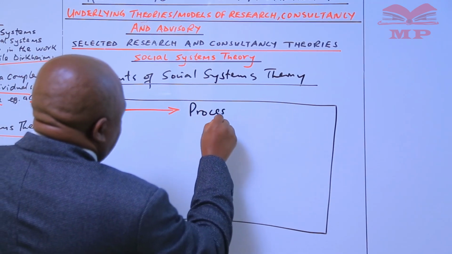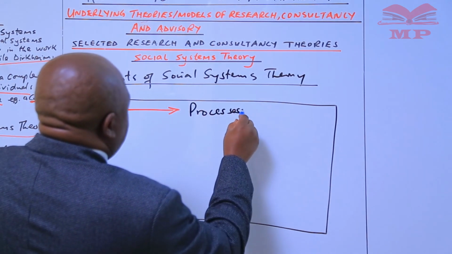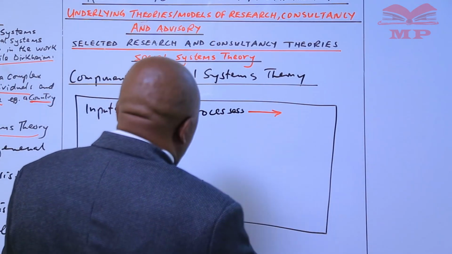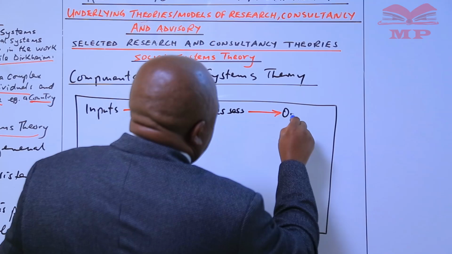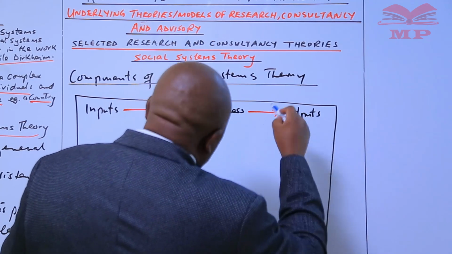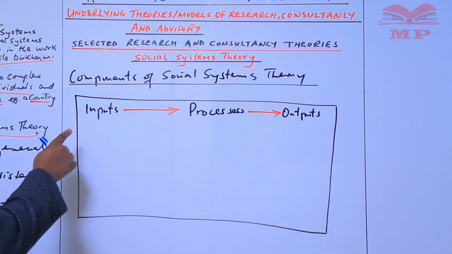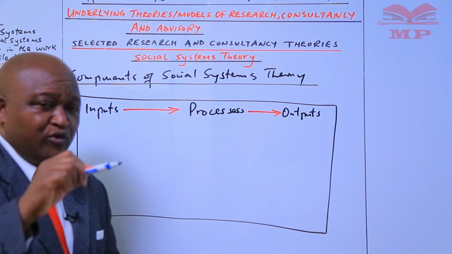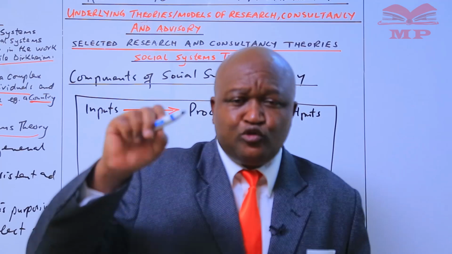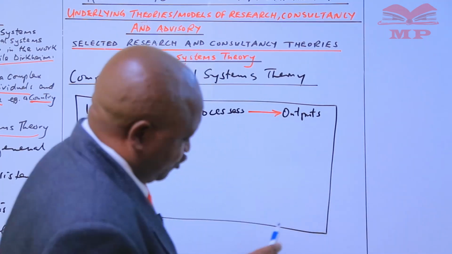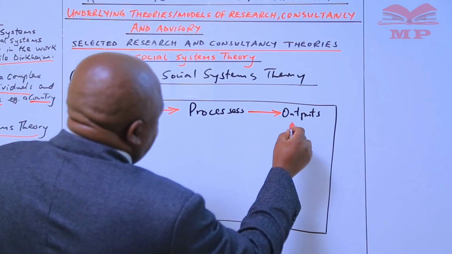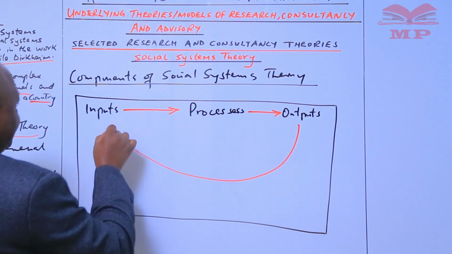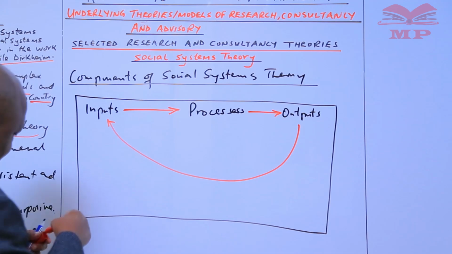From the processes, you have outputs. Any system will have inputs, processes, and a loop from outputs to inputs, which provides feedback. So this is feedback.